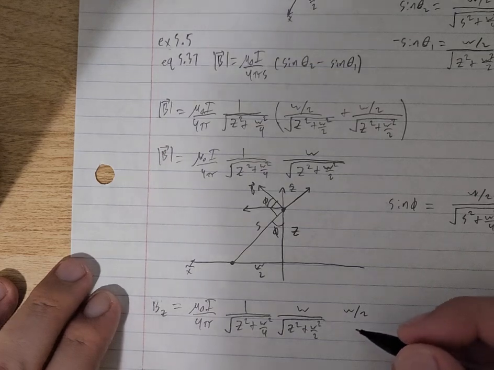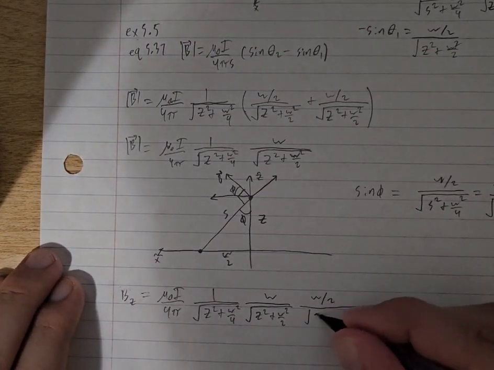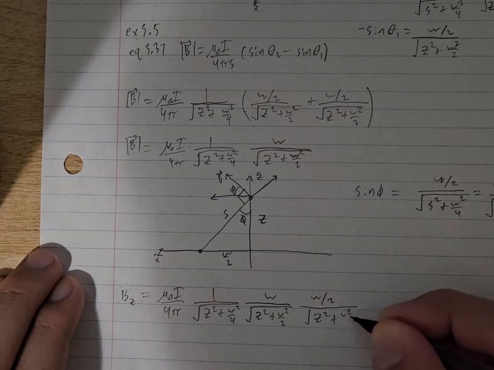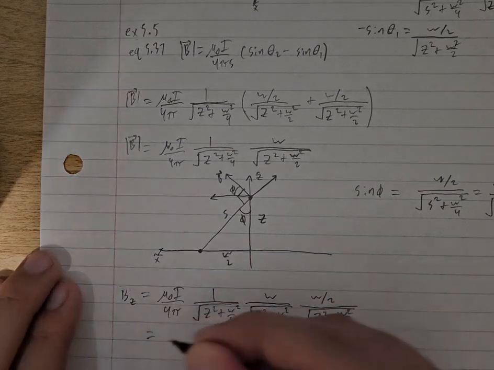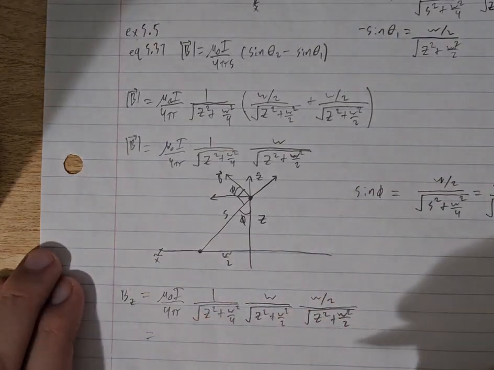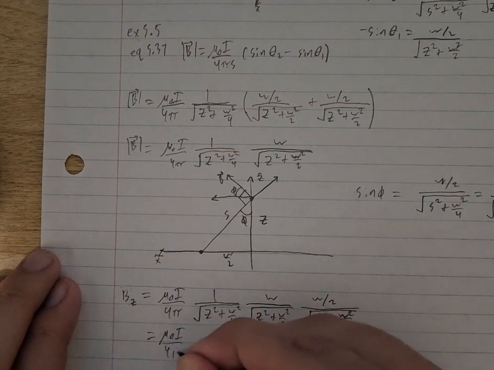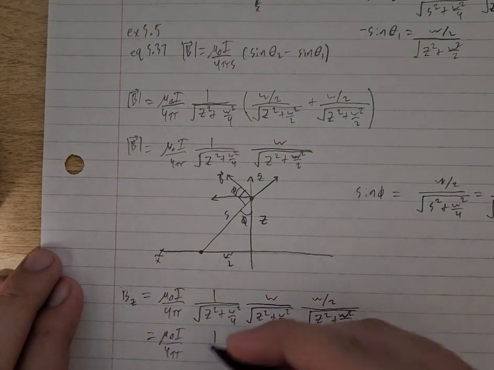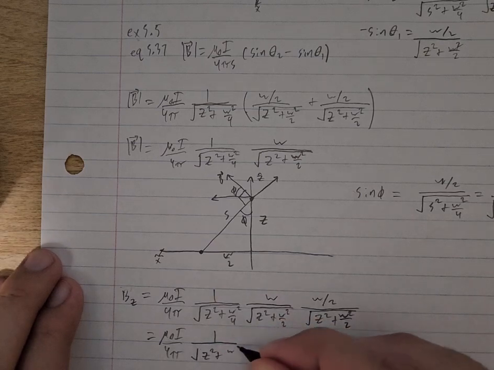Again, multiplying our sine phi here. Z squared plus w squared over 2, the square root. The square root of z squared plus w squared over 4.